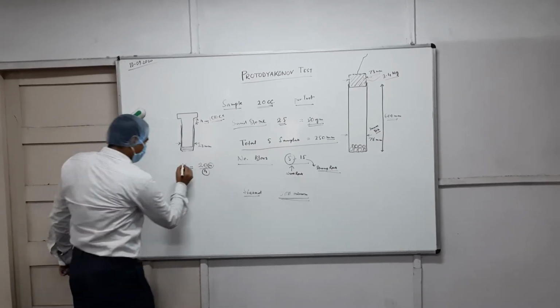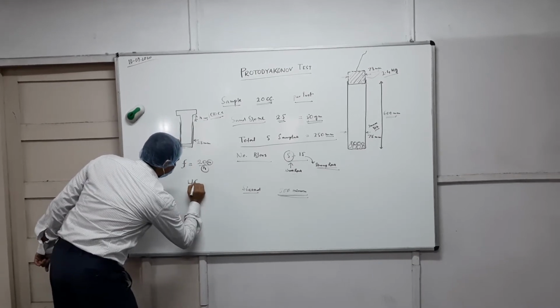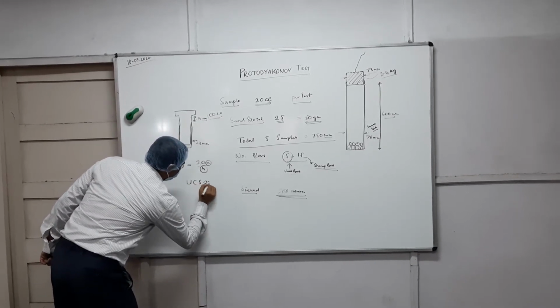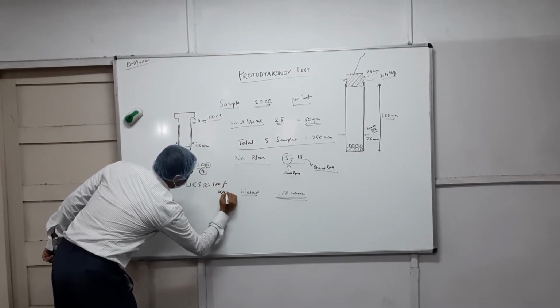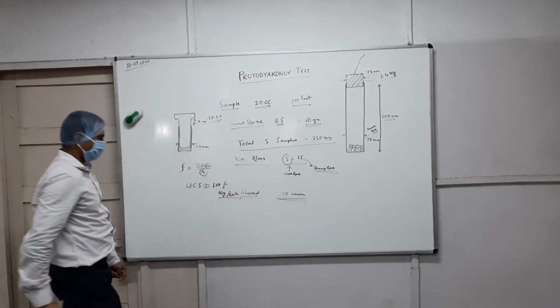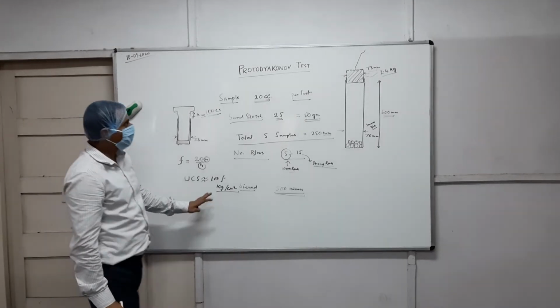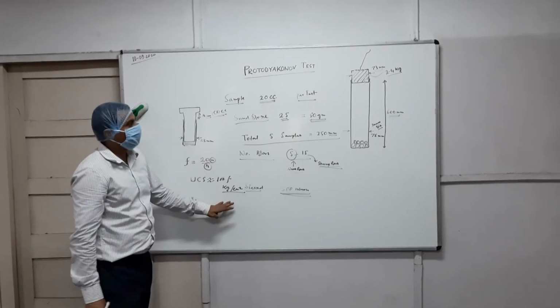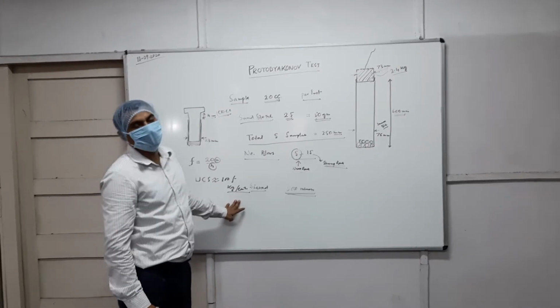After determining the index, we generally take UCS as around 100 F kg per centimeter square. So this is all about the theoretical explanation of the proto-diagonal test. I hope that when we do the test, we will understand it better.